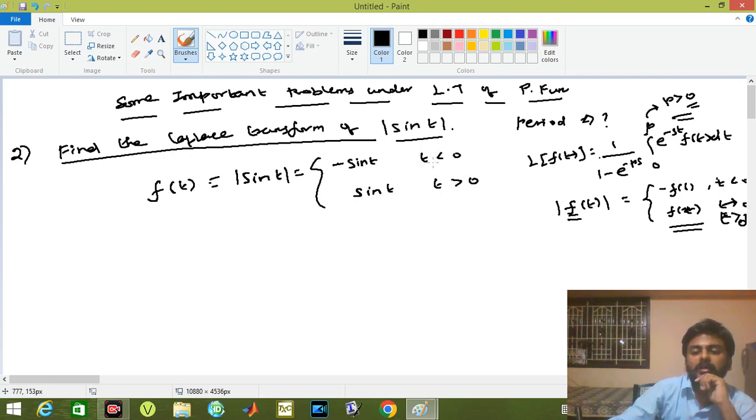In trigonometry, 0 is not the only value. If t equals 0, sine becomes 0. The trigonometric values lie within 0 and 1. From 0 it will reach up to 1 and again fall to 0.